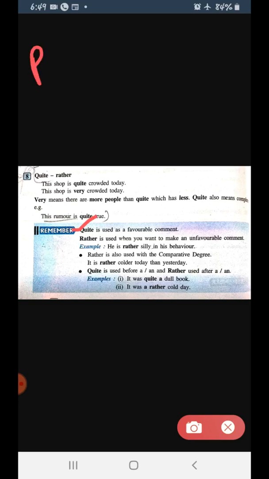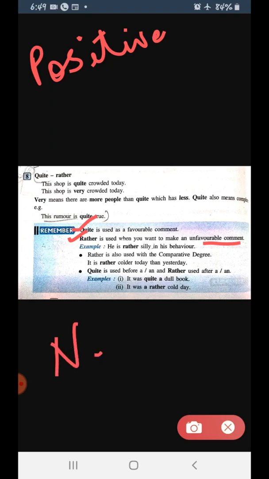That means it is used as a positive statement. Next, rather is used when you want to make an unfavorable comment. That means rather is used for a negative statement. Example, he is rather silly in his behavior.